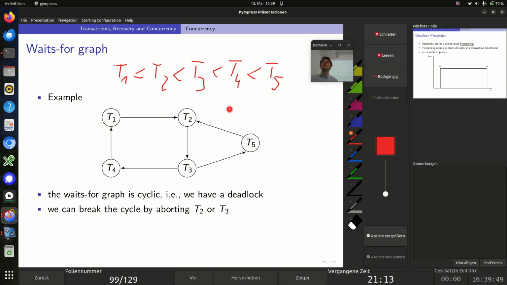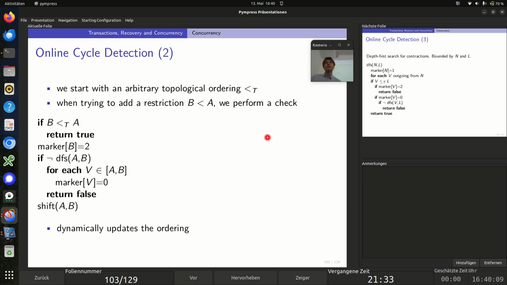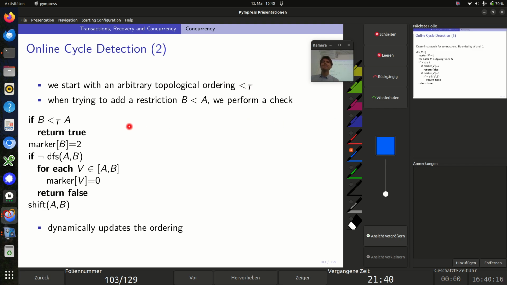For example, we want to add that T5 should come before T2. This should be added. So here we add the dependency between two transactions, like T5 should come before T1.